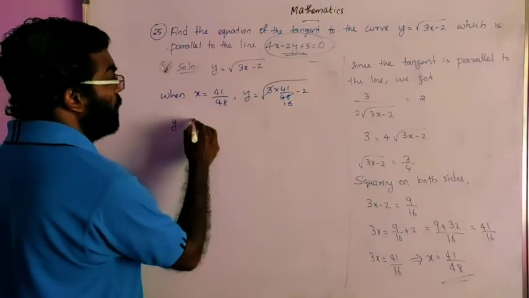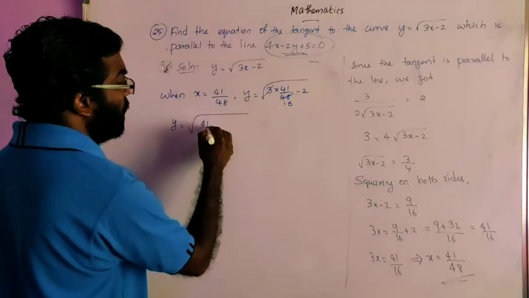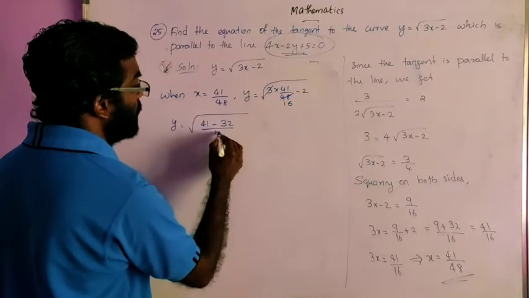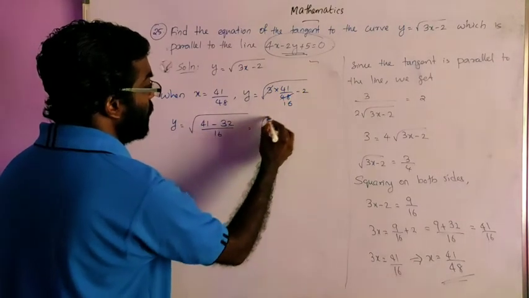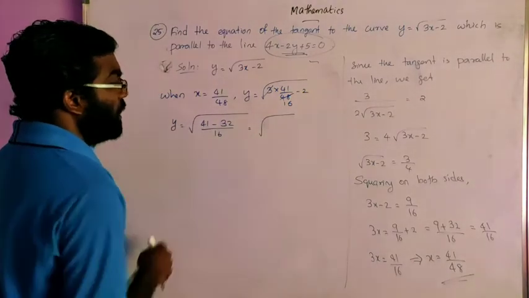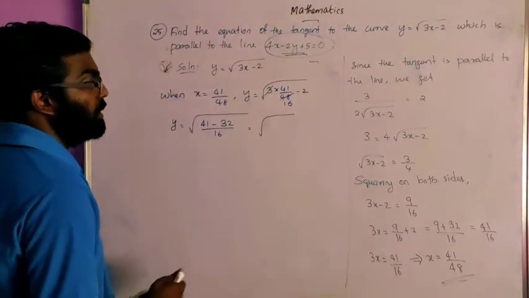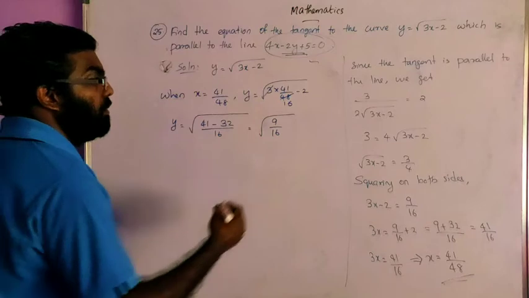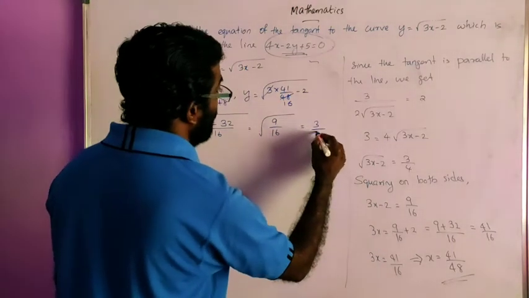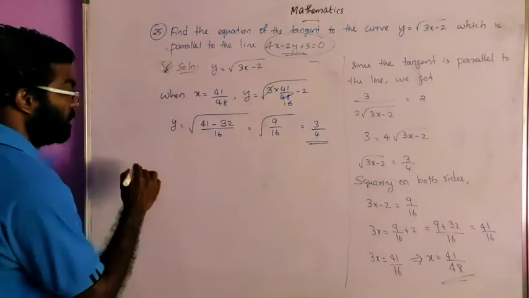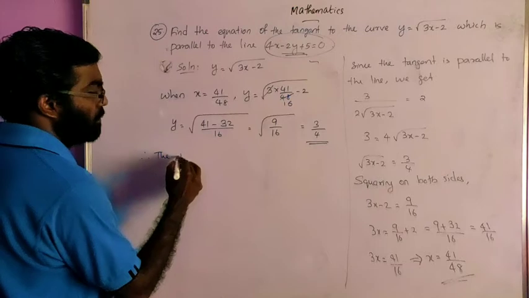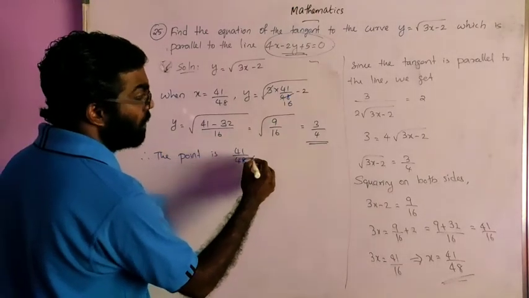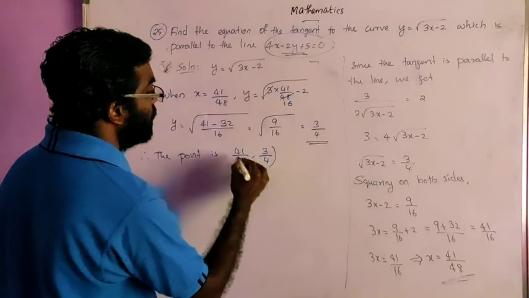So y is equal to root of 41 minus 16 into 2, 32, divided by 16. That is root of 41 minus 32. What is 41 minus 32? It is 9. So 9 by 16, and we will get the value as 3 by 4. Therefore the point is 41 by 48 comma 3 by 4.